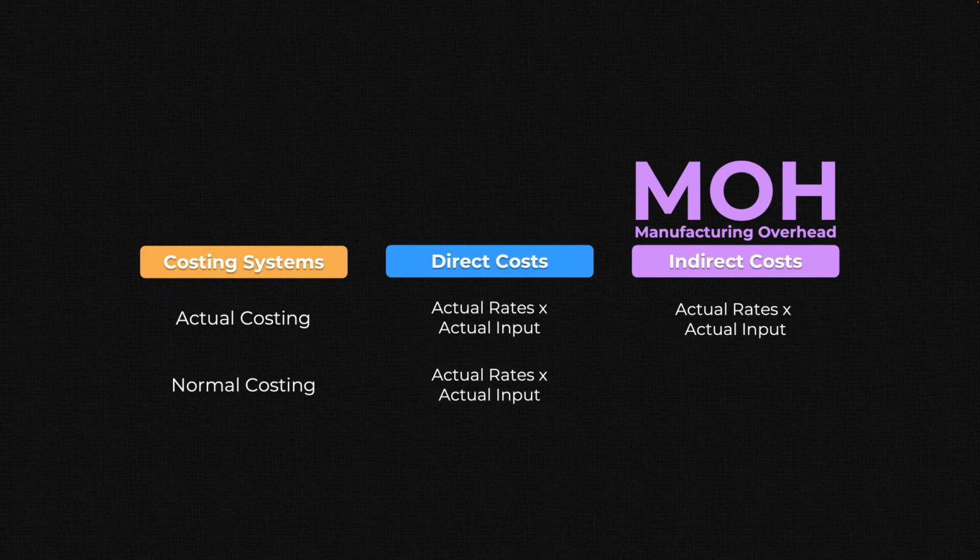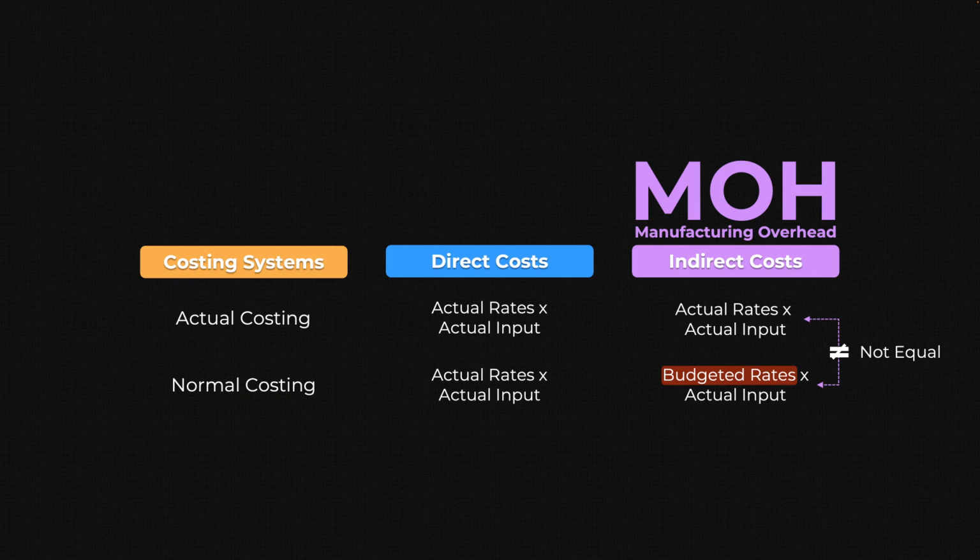And for indirect costs, they are the budgeted rates times the actual input. This means these two numbers do not equal. And that is because under normal costing, we utilize budgeted rates instead of actual rates. It's an estimate, so of course, it does not end up equaling the actual amounts.